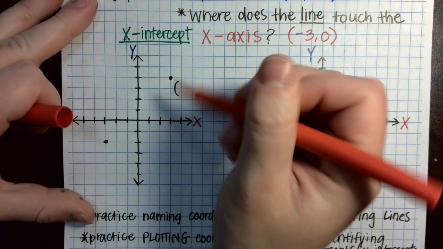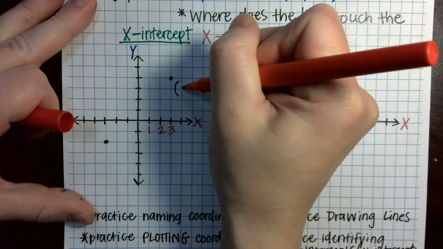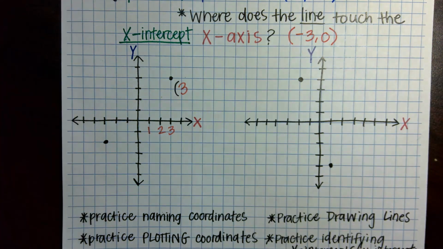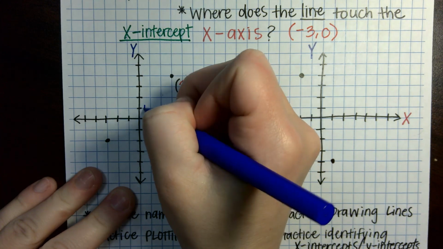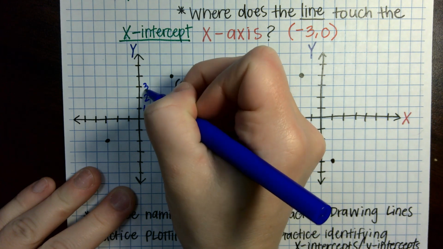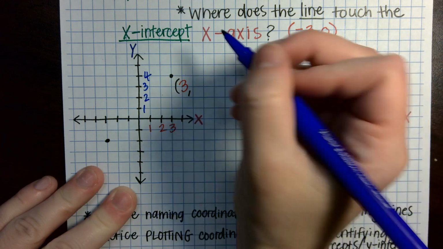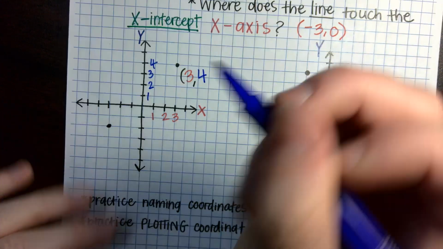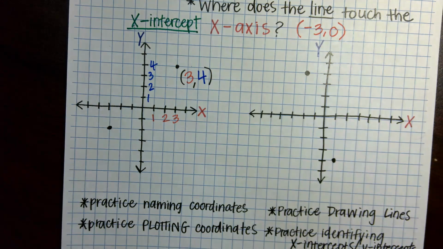So our x-axis, I'll just label this 1, 2, 3. 3 is our x value. And what's our y value? Positive 1, 2, 3, 4. Lines up with positive 4 right there. So I'm going to put a 4 in my y spot. So there's one coordinate named.